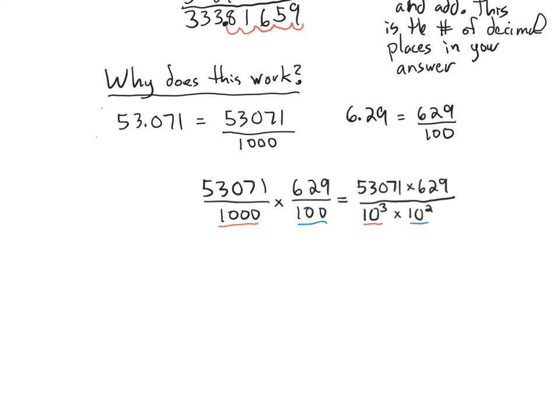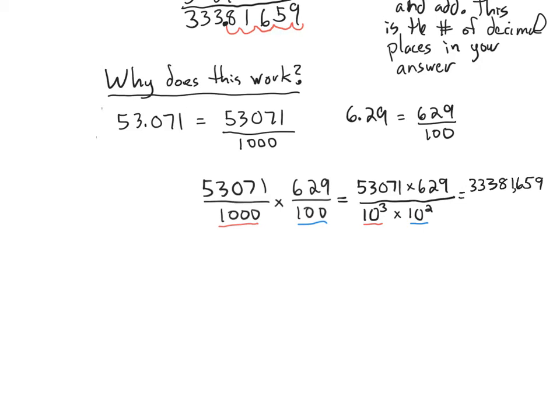So if we think about what's going on here, well, what's the numerator? The numerator, we're multiplying 53,071 by 629. And what are we doing? We're multiplying the numbers like the decimal places aren't there. So we know the answer for this. The answer for this is 33,381,659. We just did that.